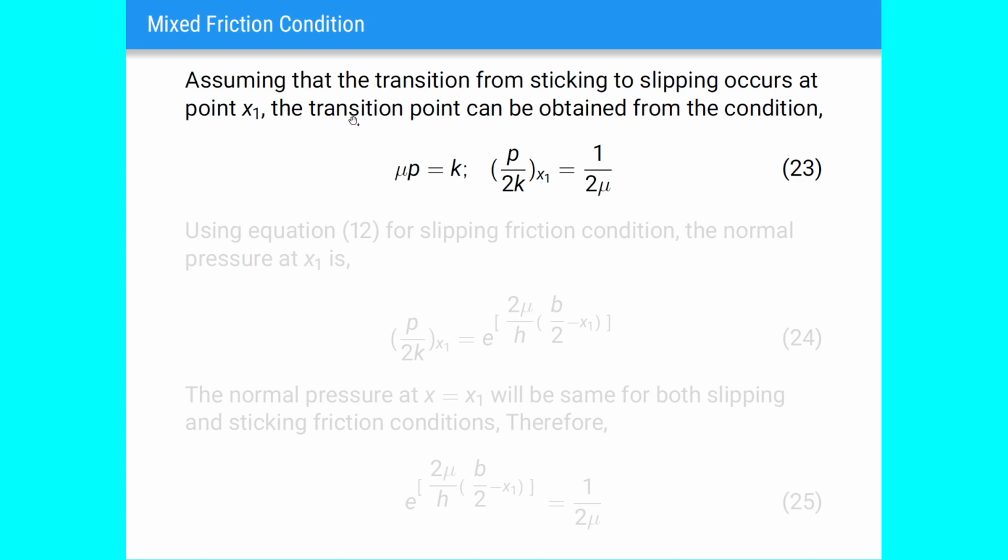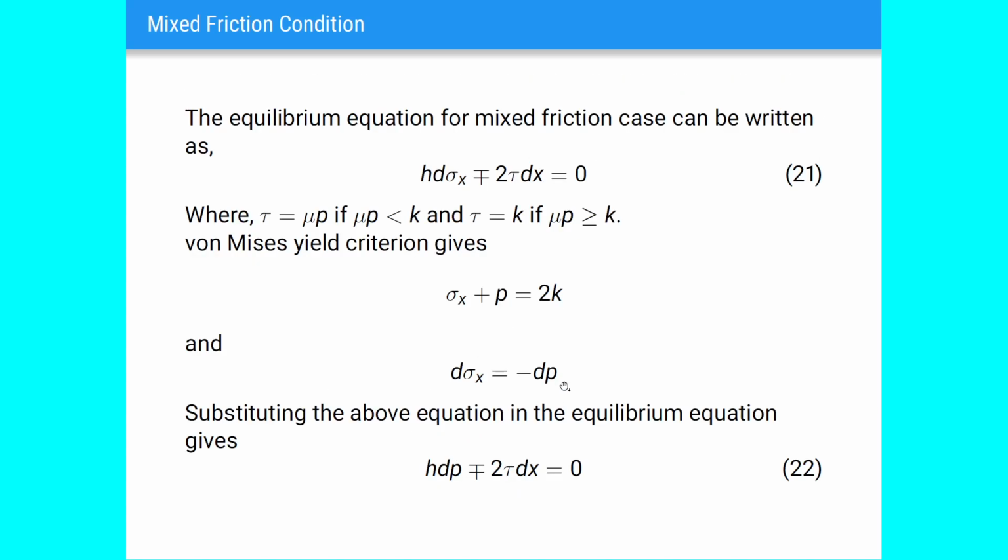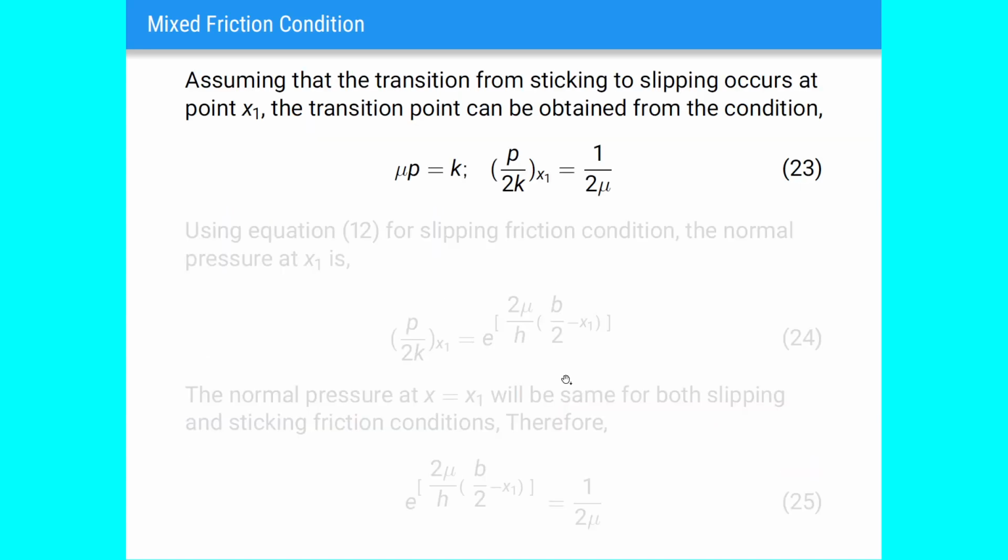Here the transition point can be obtained from the condition mu p equal to k, where p upon 2k at x1 is equal to 1 upon twice mu. If you put these values here, you will get there.